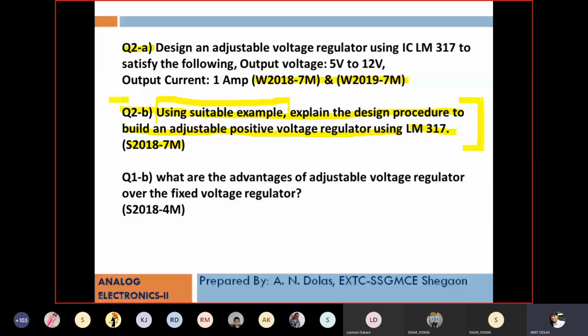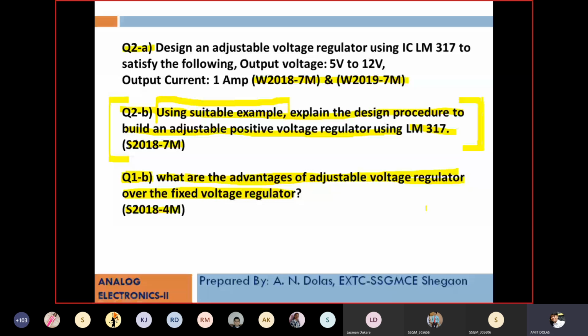Another question asked in summer 2018 is for only 4 marks, because the question is very simple. What are the advantages of adjustable voltage regulator over fixed voltage regulator? That's it. फिक्स वोल्टेज रेगुलेटर और वेरिएबल वोल्टेज रेगुलेटर को आपको एक्सप्लेन करना है. वेरिएबल रेगुलेटर कहाँ कहाँ यूज होते हैं, फिक्स वोल्टेज रेगुलेटर कहाँ कहाँ यूज होते हैं.